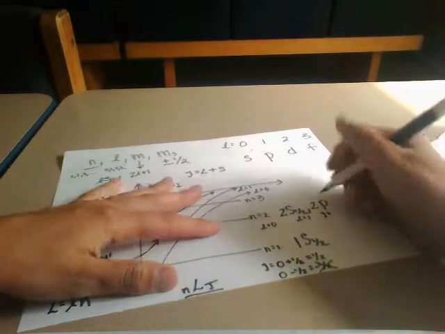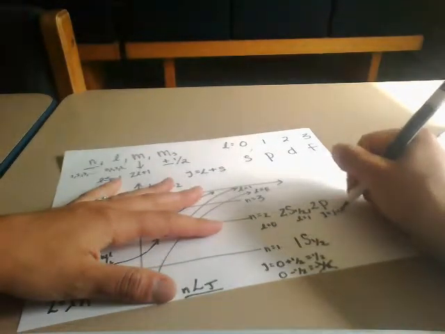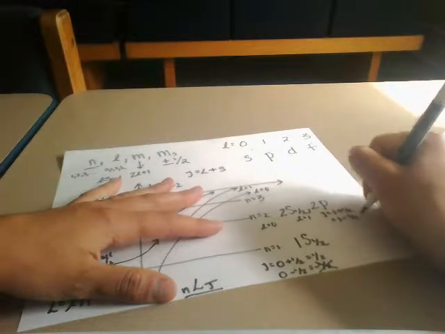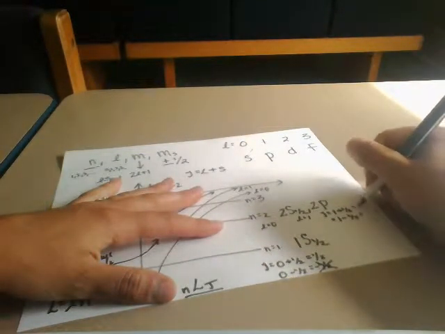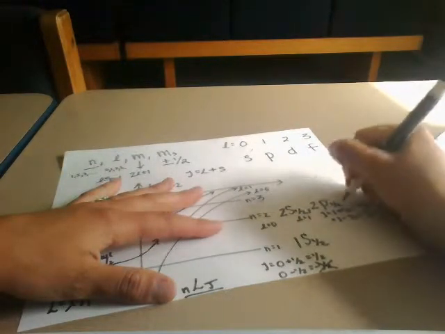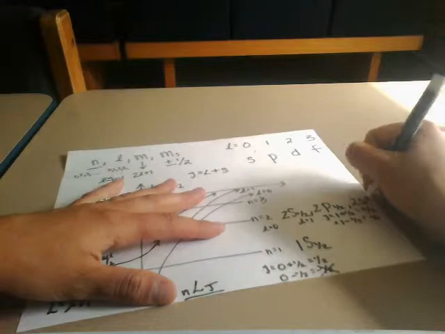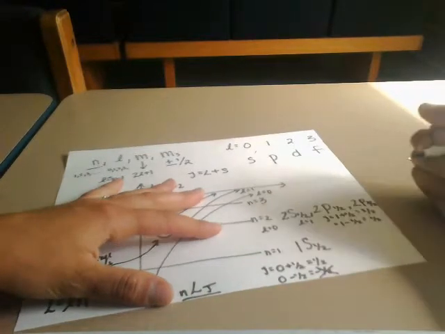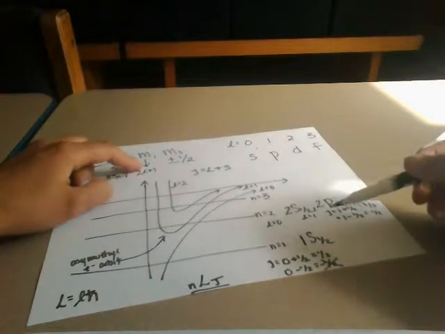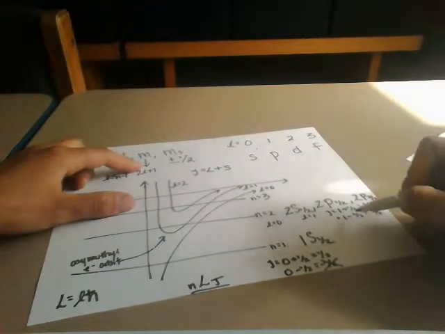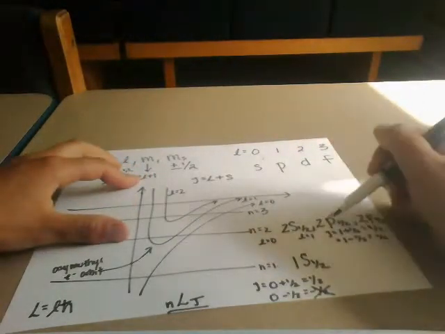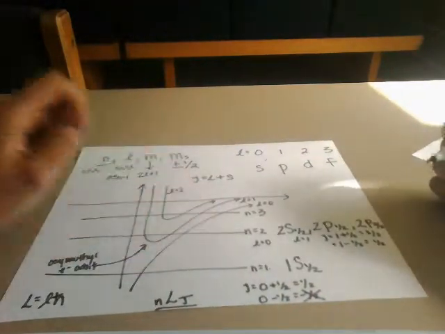Our new J is going to be 1 plus 1/2 and 1 minus 1/2, so we get 3/2 and 1/2. So 2p 1/2 and 2p 3/2 are the new levels that arise from that. Does that make sense? Checking with M, we have 2 times 1 being our highest L value is 2, plus 1 is 3, and we have 3 different values for the n equals 2 energy level.